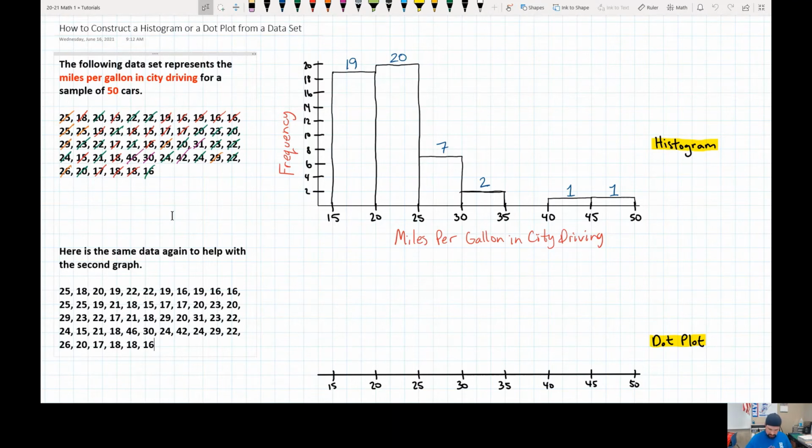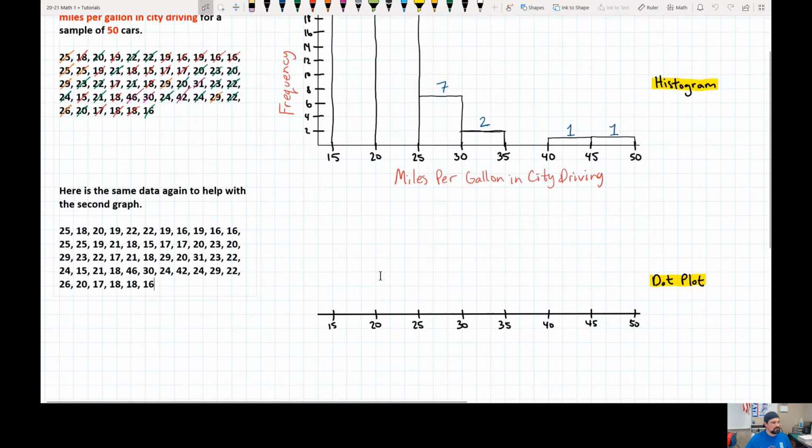On the dot plot, we essentially only need to label the horizontal axis, which again will be the miles per gallon in city driving. Right?